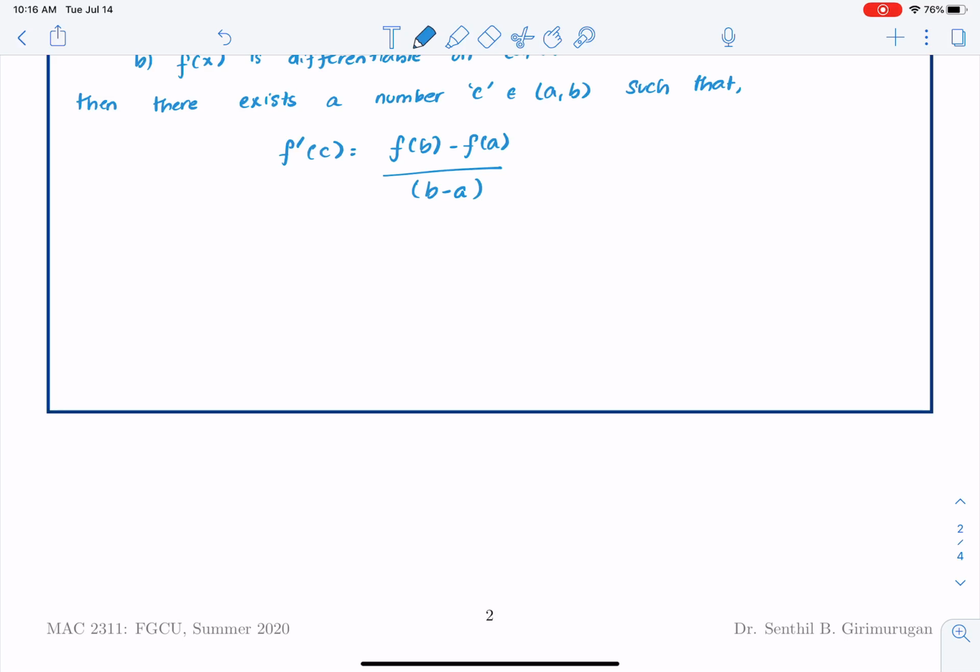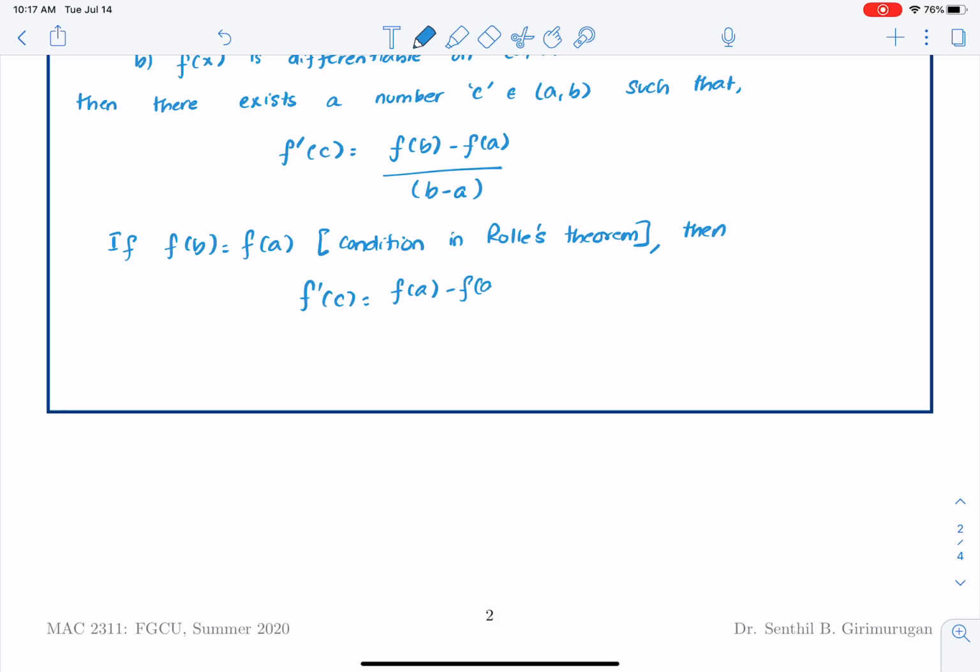So, if f of b is equal to f of a, it's one of the conditions in Rolle's theorem. Then f prime of c is equal to f of b minus f of a, which is f of a minus f of a, divided by b minus a, 0 over b minus a.